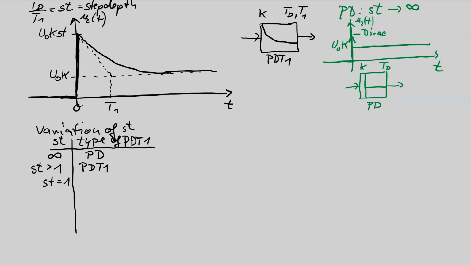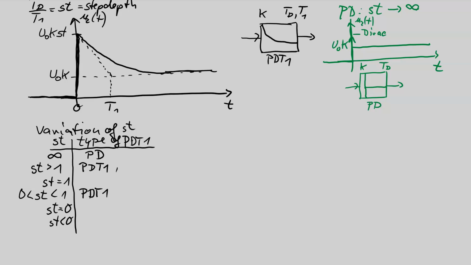We will look what happens if step depth is equal 1. Now this is step depth between 0 and 1, and then the step depth could also be 0, and the step depth could be negative, smaller than 0. In Germany, in Europe, in both cases we call this block, independent of the size of the step depth, PDT1.